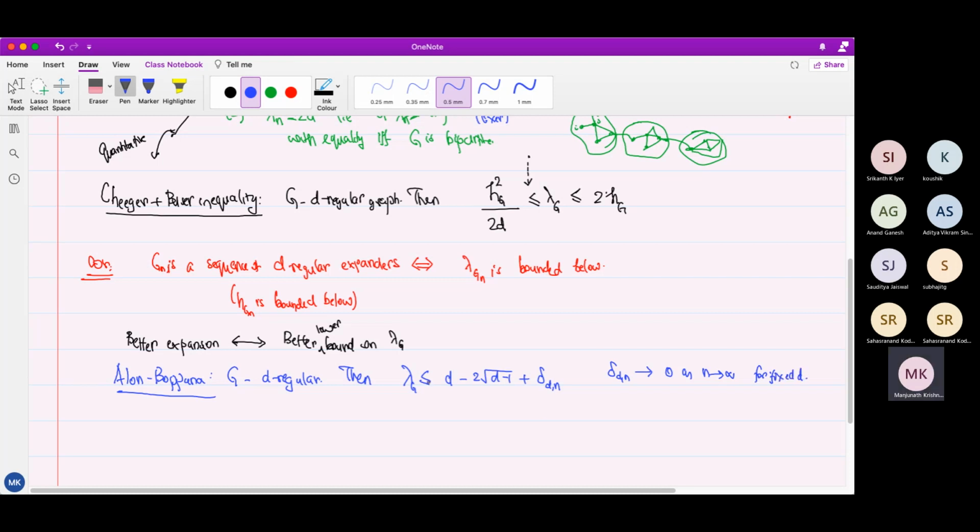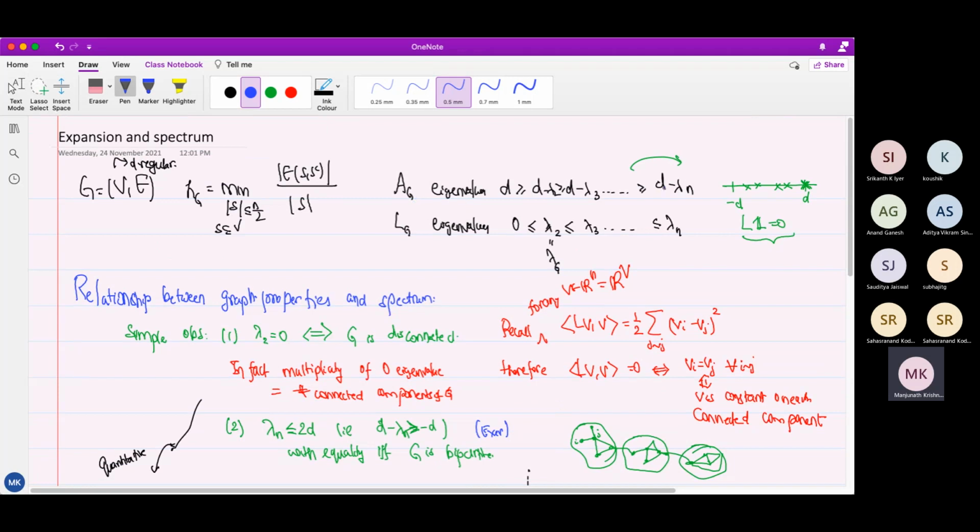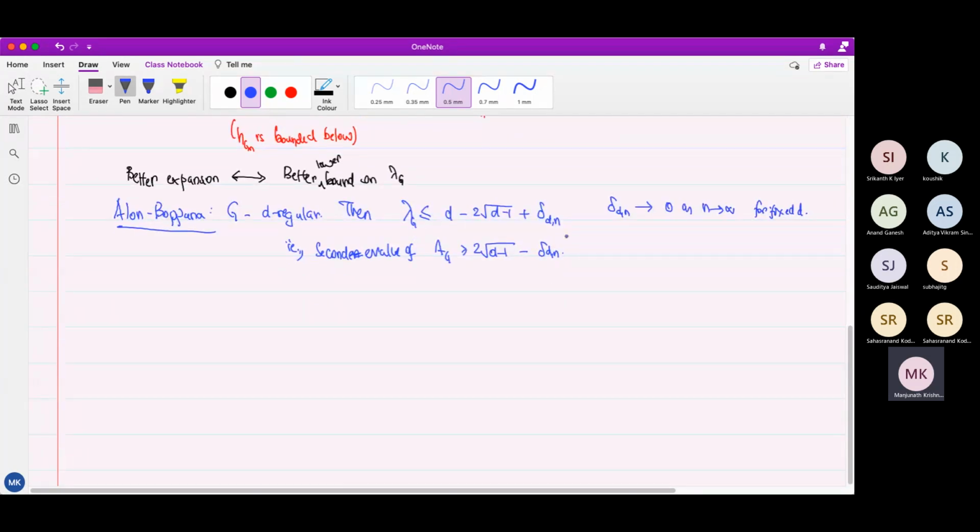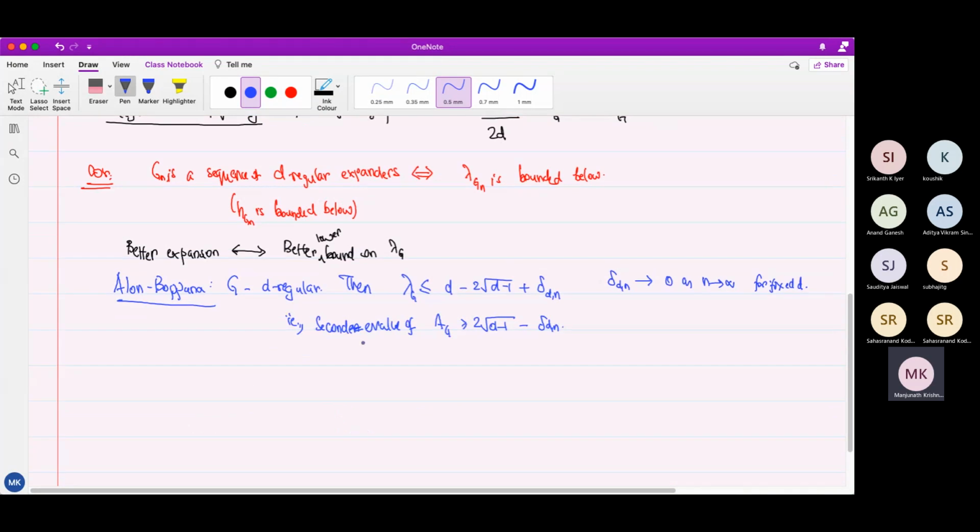In other words, the second eigenvalue of the adjacency matrix is greater than or equal to 2 square root d minus 1 minus delta d n. So d minus lambda g is the second largest eigenvalue. The largest is d. The second largest cannot be smaller than 2 square root d minus 1 minus something that's essentially going to 0.